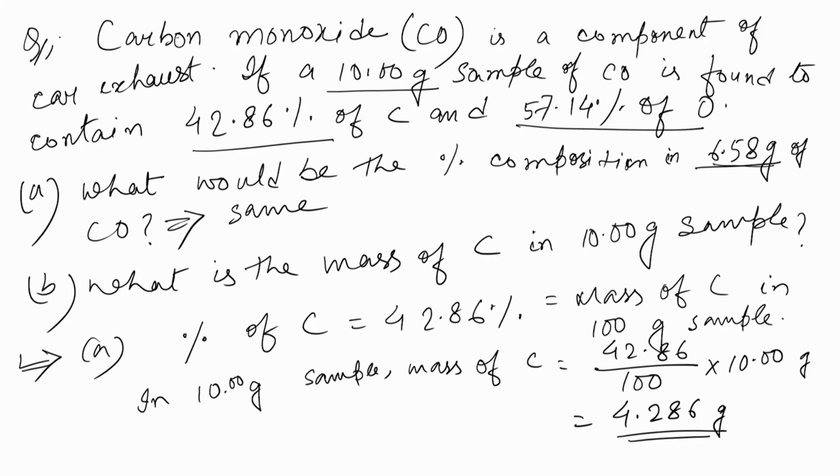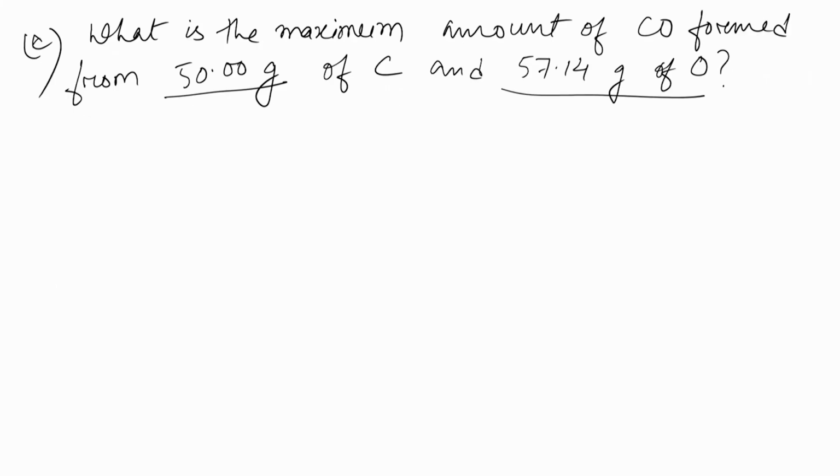Now, in the original question we had seen that this was the percentage composition. That means in 100 grams of the sample, there will be 42.86 grams of carbon and 57.14 grams of oxygen. Okay. So, we have 57.14 grams of oxygen here also.